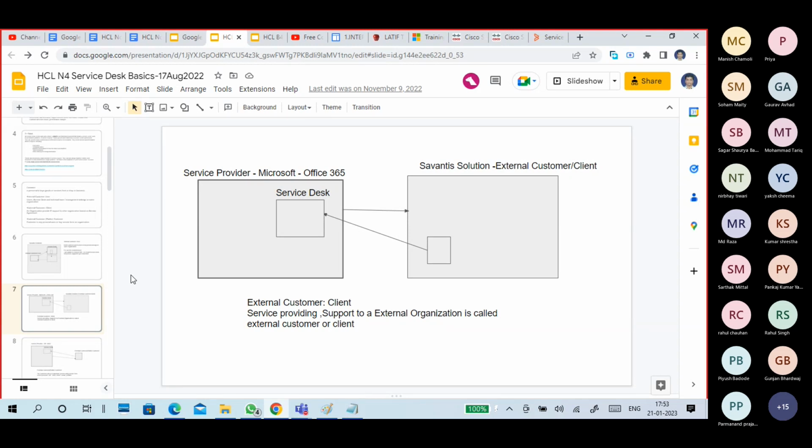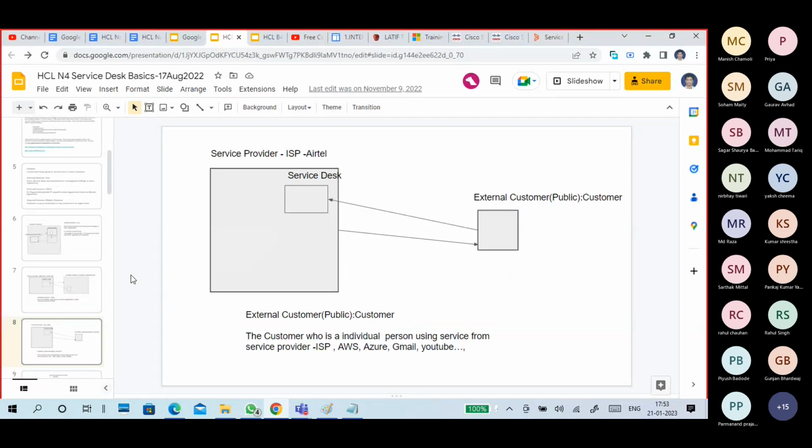We are external customers or clients. We are getting a service from Microsoft. Any issues occur, we should reach the service desk. Airtel is an internet service provider. I am getting a service from Airtel. Any issues occur, I have to approach Airtel.